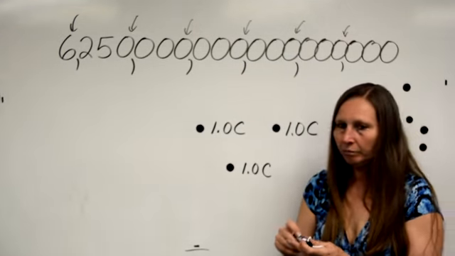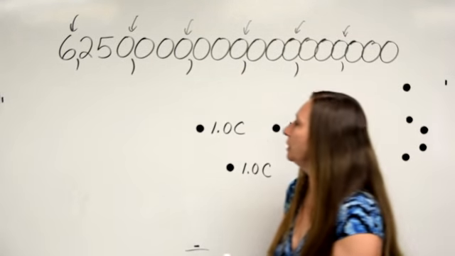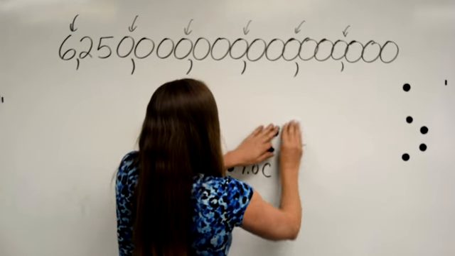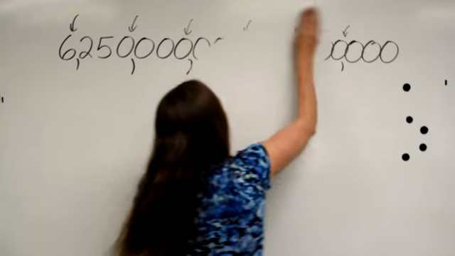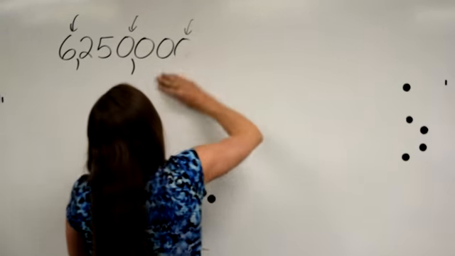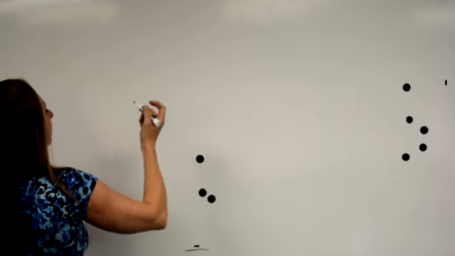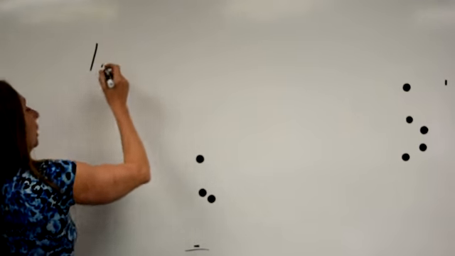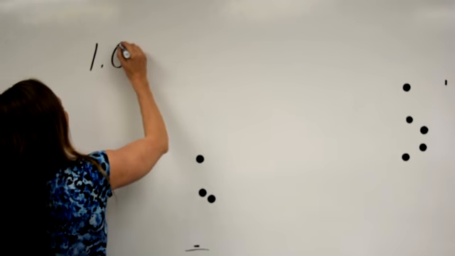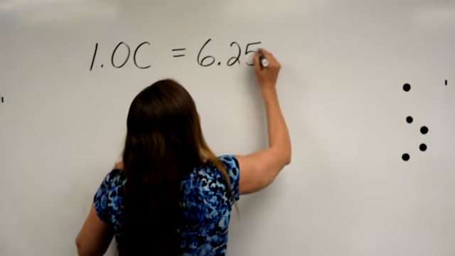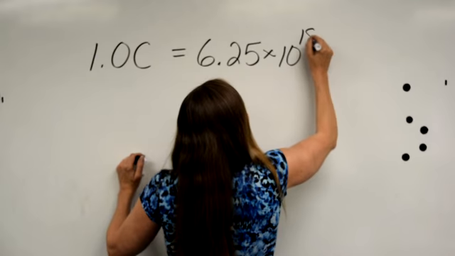Now on the front of your reference tables, it tells you flat out that 1 Coulomb equals 6.25 times 10 to the 18th.